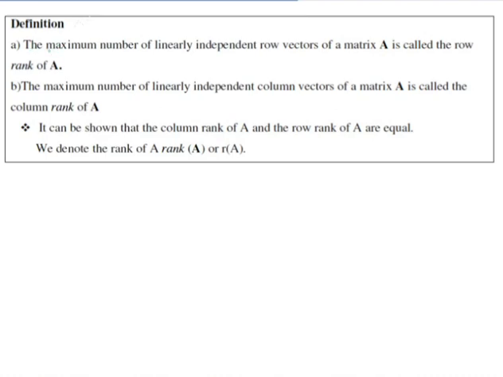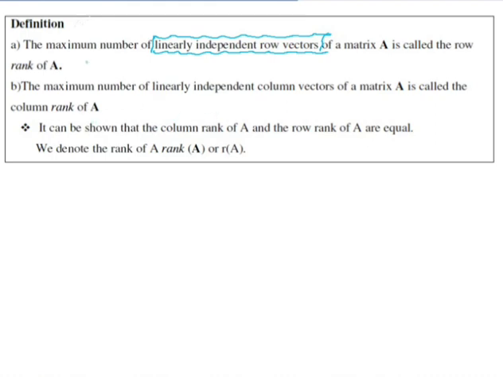So the maximum number of linearly independent row vectors of a matrix A is called the rank of a matrix A. Okay? What does rank of a matrix mean? The possible maximum number of independent row vectors.